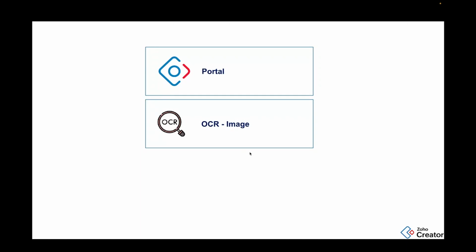So OCR is nothing but an AI model. So here the insurance provider needs the exact ID proof information of the employee to provide him the necessary insurance details. So while collecting the information from the employee, we'll be using this OCR image model to get his ID proof and take all the necessary information from that ID proof.